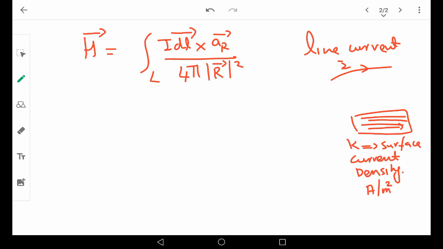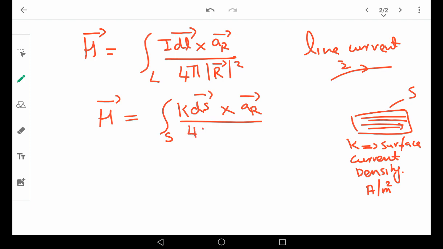In that case, for the surface current, you can write H equal to the integral over the whole surface of K dS cross aR divided by 4 pi R square.